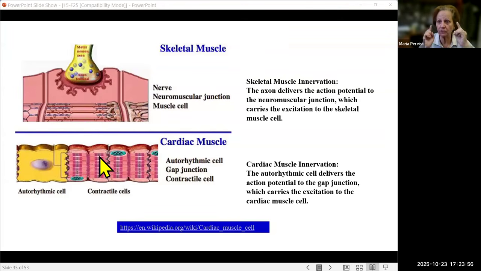Each of them doesn't receive an electrical signal. They talk to each other so that all the cardiomyocytes that make up the left atrium, or the left ventricle, will contract at the same time because they communicate with each other through the gap junctions.